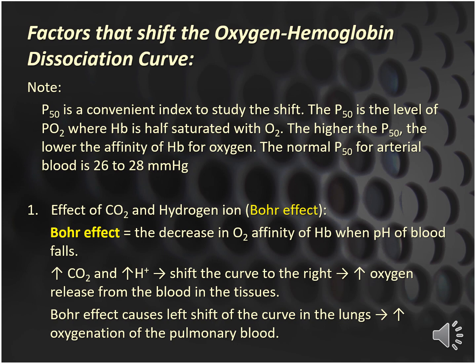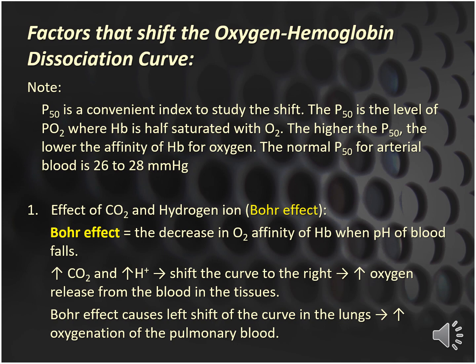I would like you to know an important note. If you would like to know if the curve shifts to the right or it shifts to the left, you need to know the effect on P50. Definitely you will ask now, what is the P50? P50 is a convenient index to study the shift.